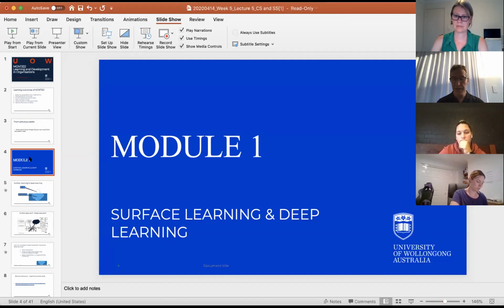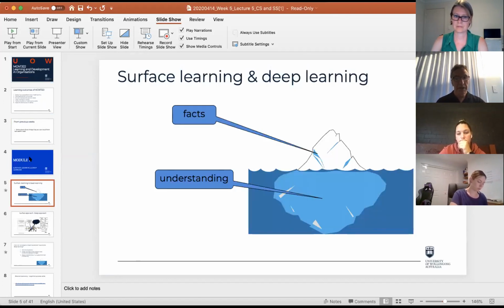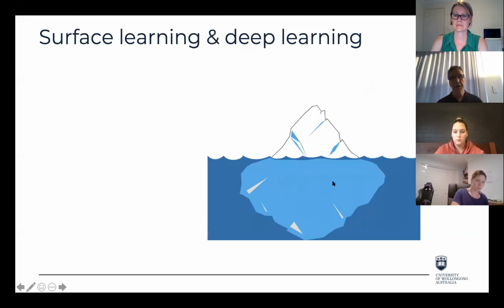The first one is about surface and deep learning. So I might just play it from this current slide. So it's the old iceberg. We use icebergs in organizational studies to talk about the visible and the invisible areas of organization.